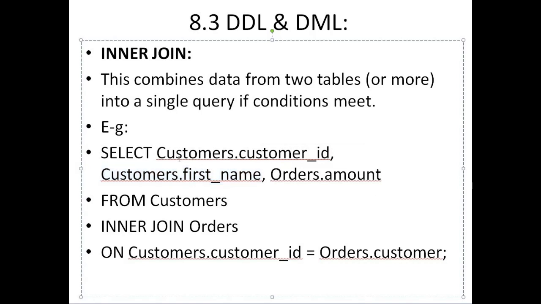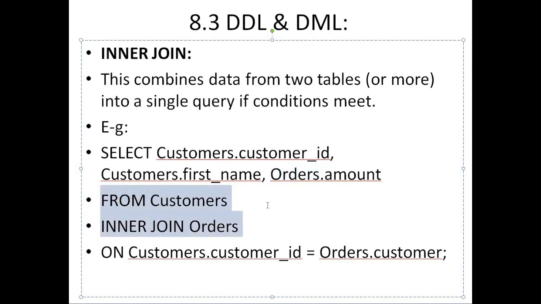So it goes something like this: select customers.customer ID. That means take the customer ID field from the customers table, as well as the first name field from the customers table, and the amount field from the orders table, from customers inner join orders.